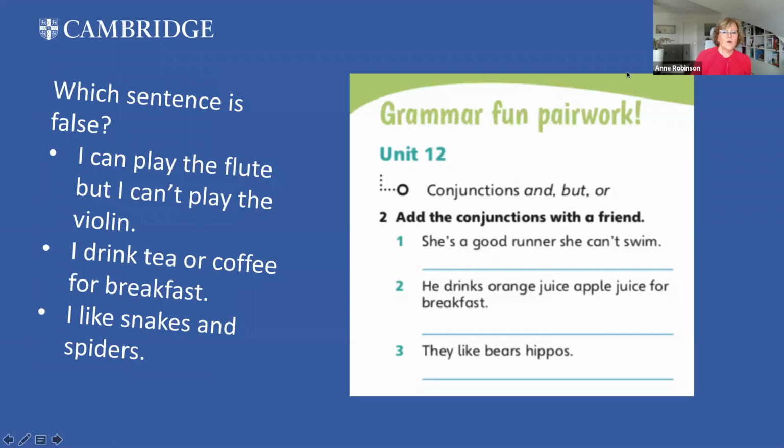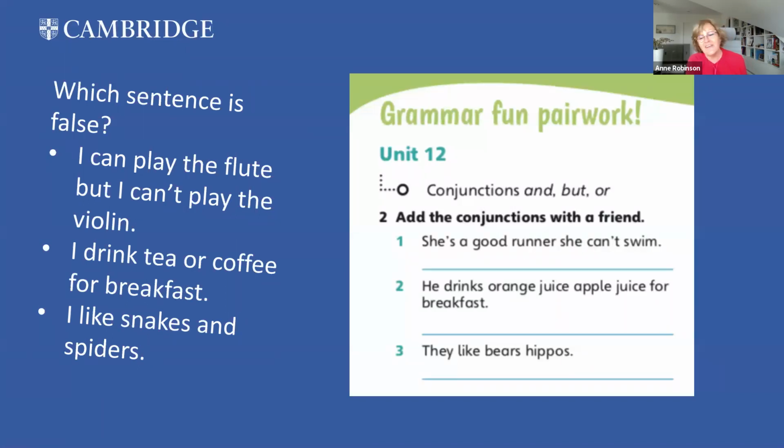So how can we personalize this and get students to use the language? Okay. I've written 3 sentences, one with but, one with or, one with and. Which of the 3 sentences do you think is false for me? So there are 2 true sentences and there's 1 that's not true.